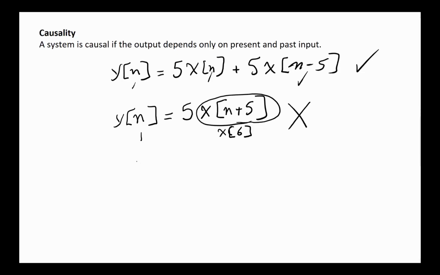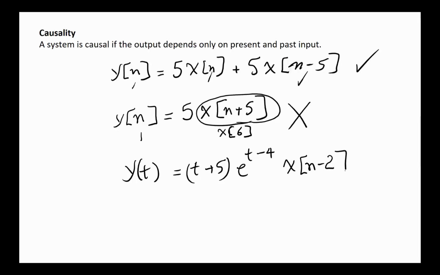Now, this is the one that kind of deceives a little bit. If I write y of t equal to t plus 5, e to the t minus 4, and then x of t minus 2, is this causal or not? You do not want to be distracted by t plus 5, because it has nothing to do with the input.